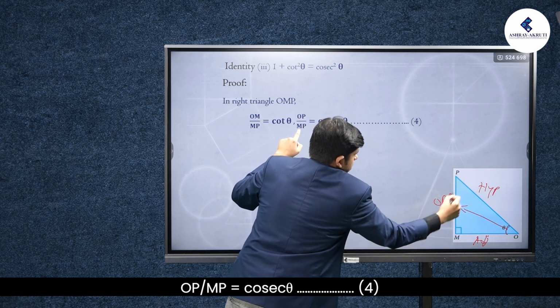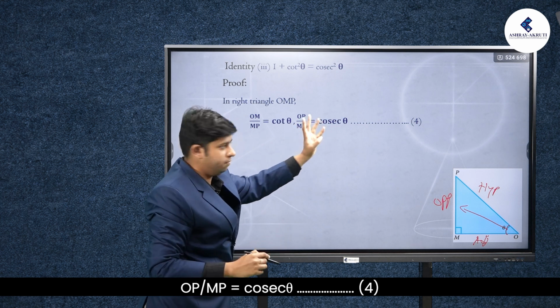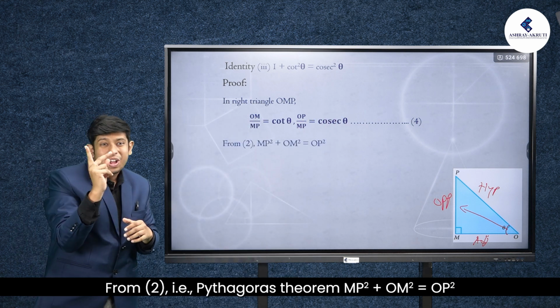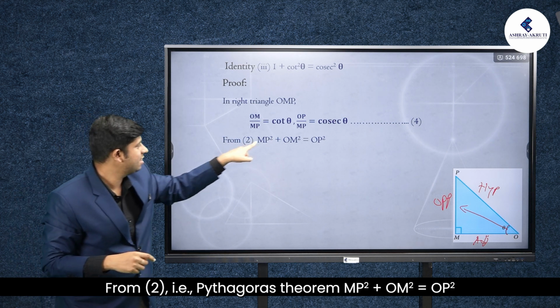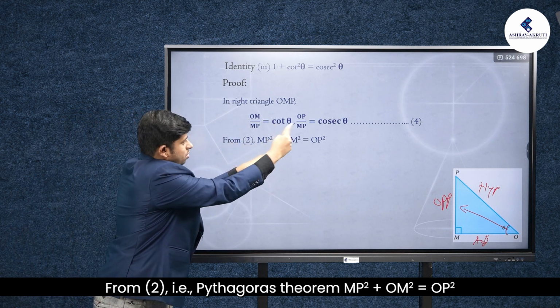Consider it as 4. From 2, that is Pythagoras theorem, we have MP square plus OM square is equal to OP square.